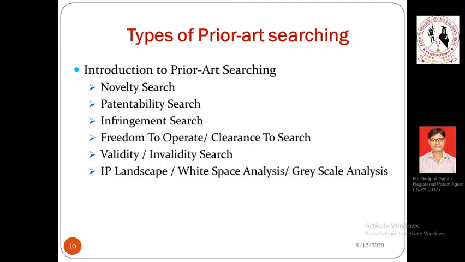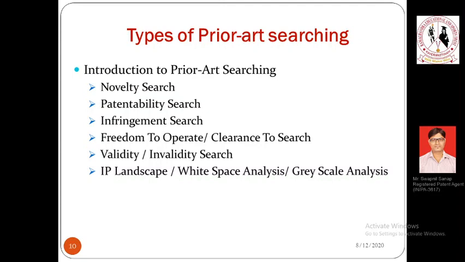A request of such kind can be filed. In India, it is called opposition or revocation, whereas in the US and other countries, it is called invalidation. Basically, what you are trying to do indirectly is cancel somebody else's patent which should not have been granted because of XYZ reasons. Okay. So this search, invalidity search, is a search which is performed by a competitor to find whether any of the patents that are available in the market can create a potential threat to his product or his patent application.